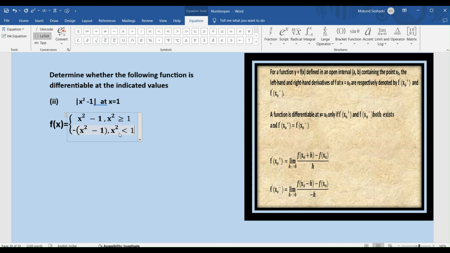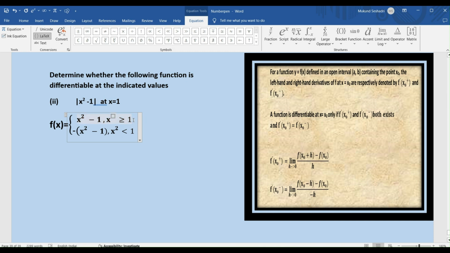right? So my f of x is x square minus 1 for x square greater than or equal to 1, right? So what do we mean by x square greater than or equal to 1, right? So whenever my x square is greater than or equal to 1, then my x will be greater than or equal to 1, right?